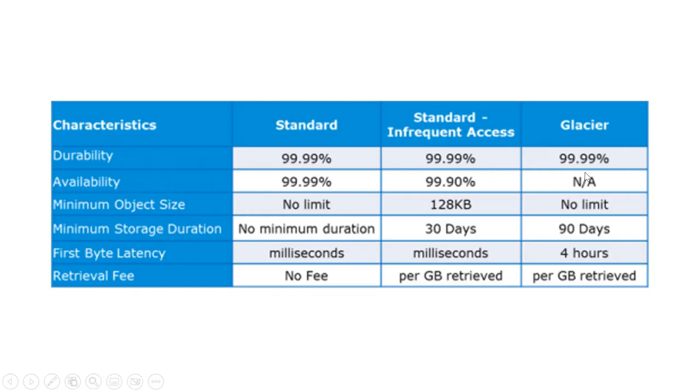But for objects stored in Glacier, you should not expect immediate availability. It takes something like 3 or 4 hours to get or download them. If you are okay with that, then you can move your objects to Glacier.